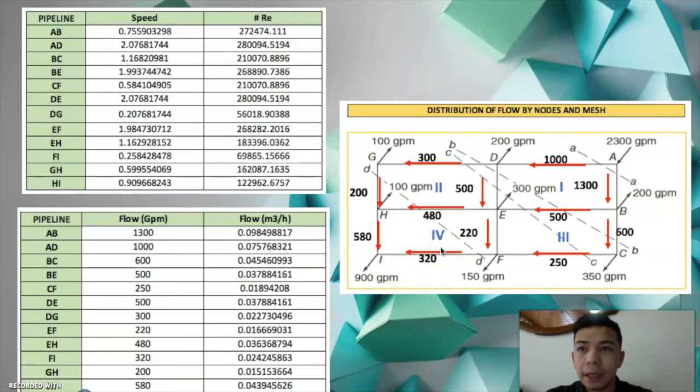Okay, below you get certain data necessary for the development of the problem, for example, speed or Reynolds number.